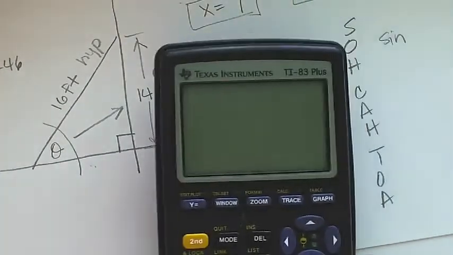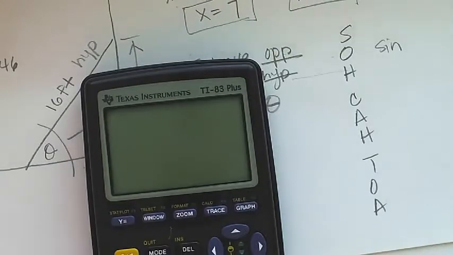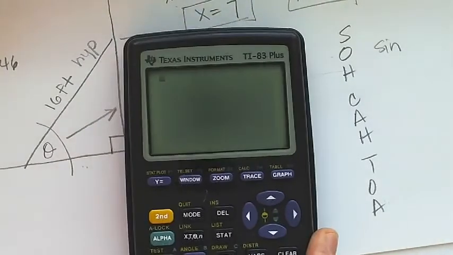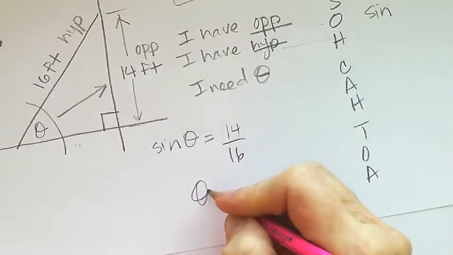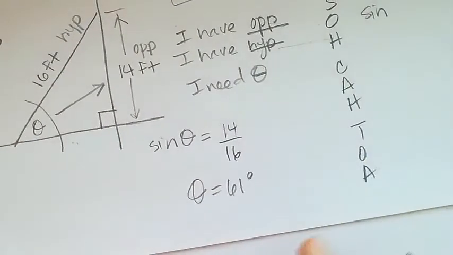That means I'm going to use inverse sine. So I go to my calculator or Desmos. Make sure if you're using Desmos that it's in degrees. And I do inverse sine, 14 over 16. About 61 degrees. So theta is 61 degrees.